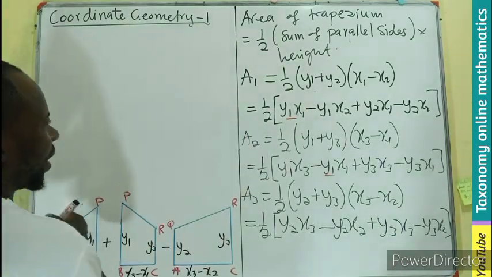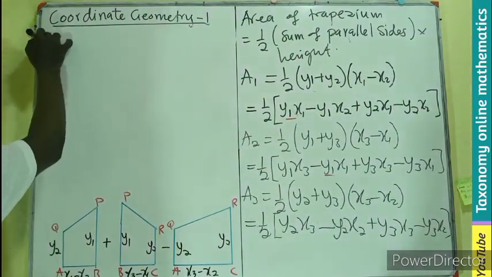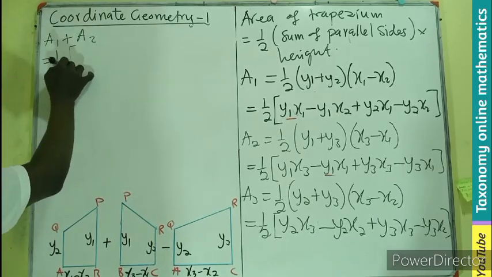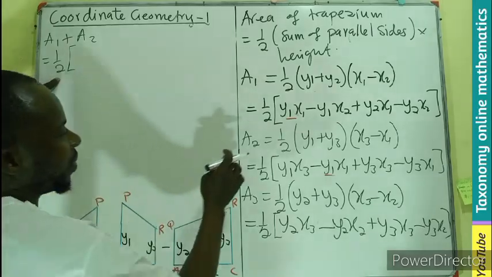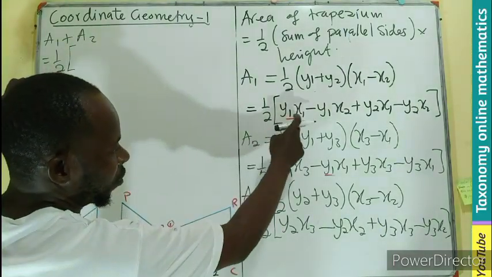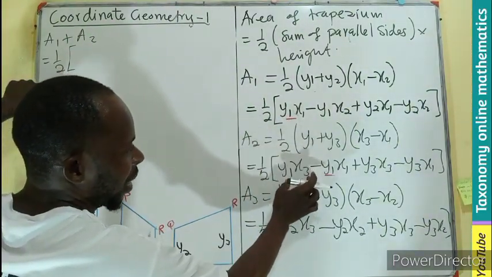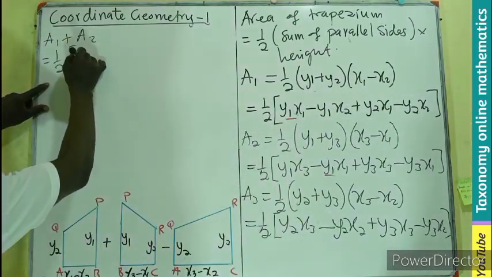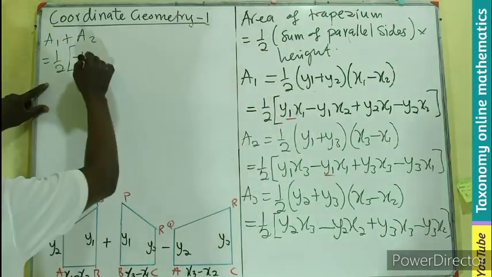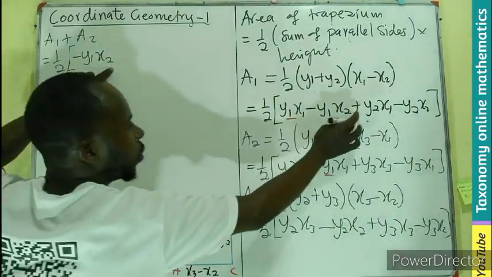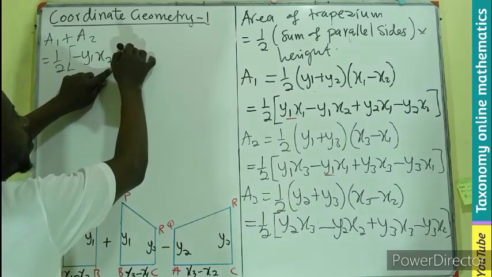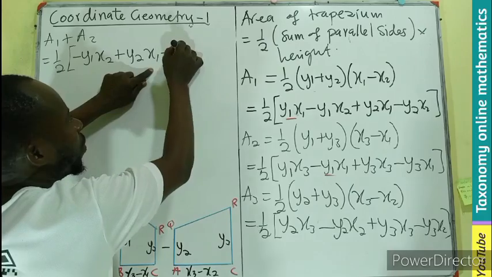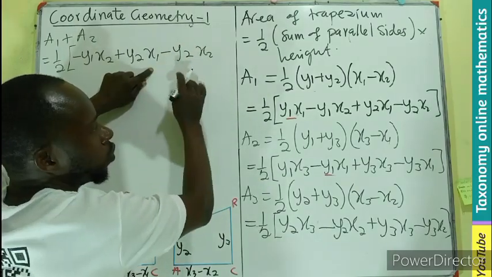So from here, right away, I can say that area 1 plus area 2 will be equal to half, as in factorized. If it is factorized, this is gone, right? So I'll be left with, let me pick positive before negative, so let's write it in order: negative y1 x2 plus y2 x1, minus y2 x2.